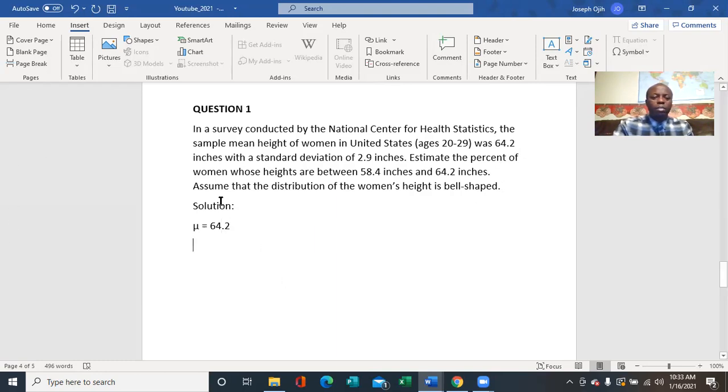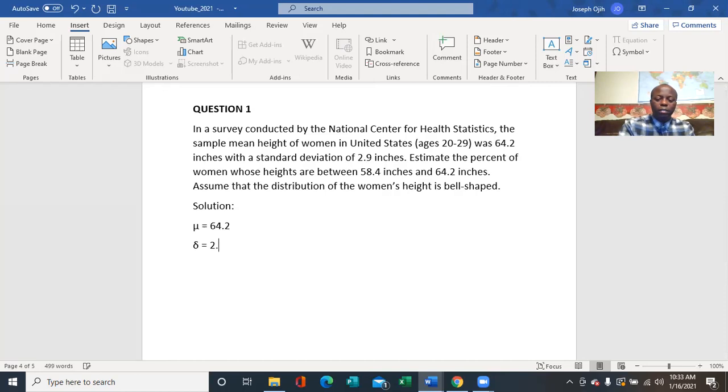The standard deviation, give me 1 minute. Make sure you're seeing this. Okay, good. And the standard deviation is, I think I have the symbol here, 2.9 inches.